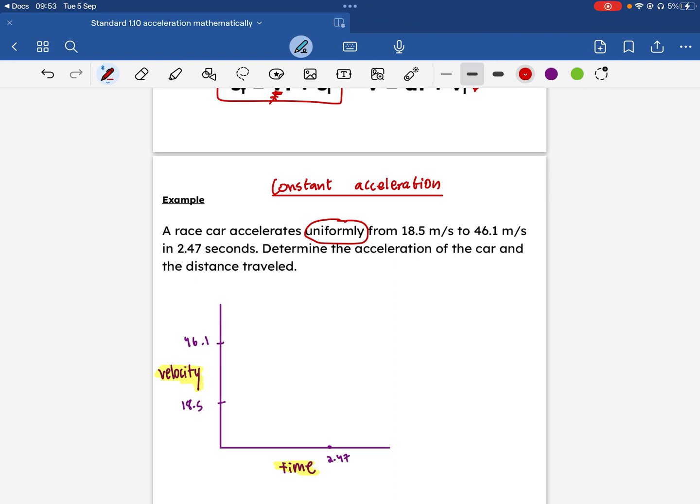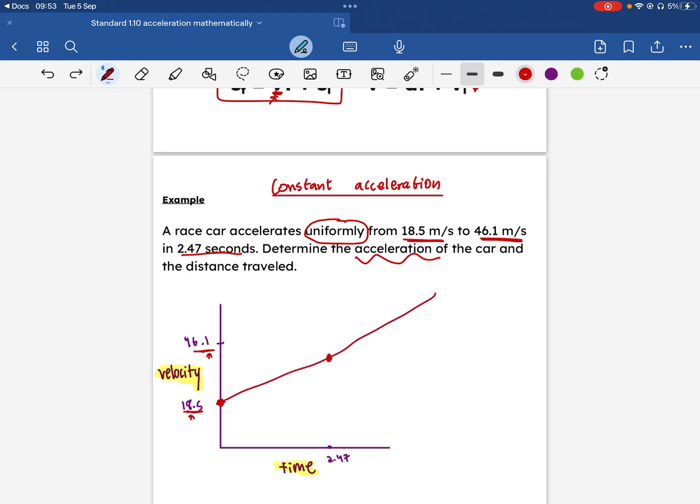All right, so a race car accelerates uniformly from 18.5 meters per second to 46.1 meters per second in this much time. Find its acceleration. So I already know I could do this on a graph. I could graph these points in a velocity time graph, find 18.5 and 46.1. 18.5 is at 0 seconds. 46.1 is at 2.47 seconds.